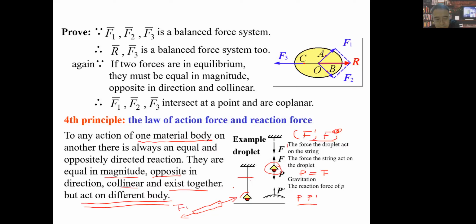It must have F1 and F2, with the same magnitude, opposite direction, and collinear. But you will find that F1 and F2 are both acting on the same body. Here our P and P prime, F and F prime, are not acting on the same body. That's a big difference, you know?